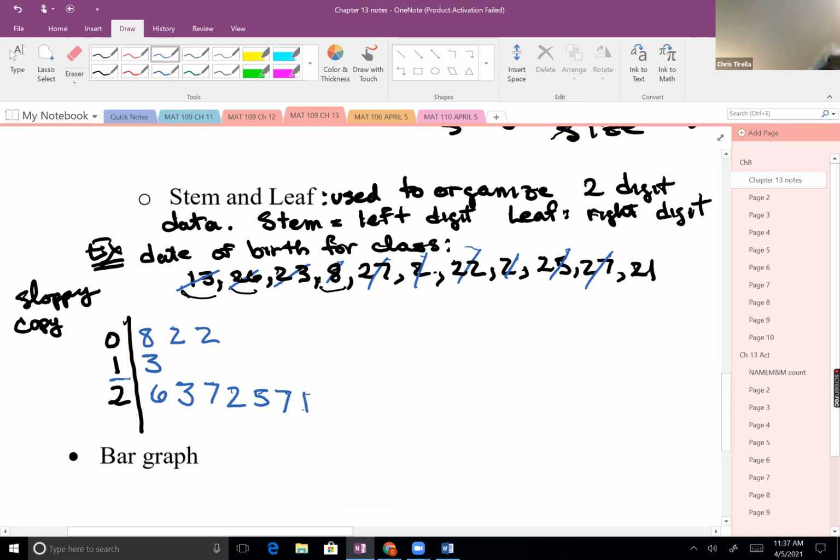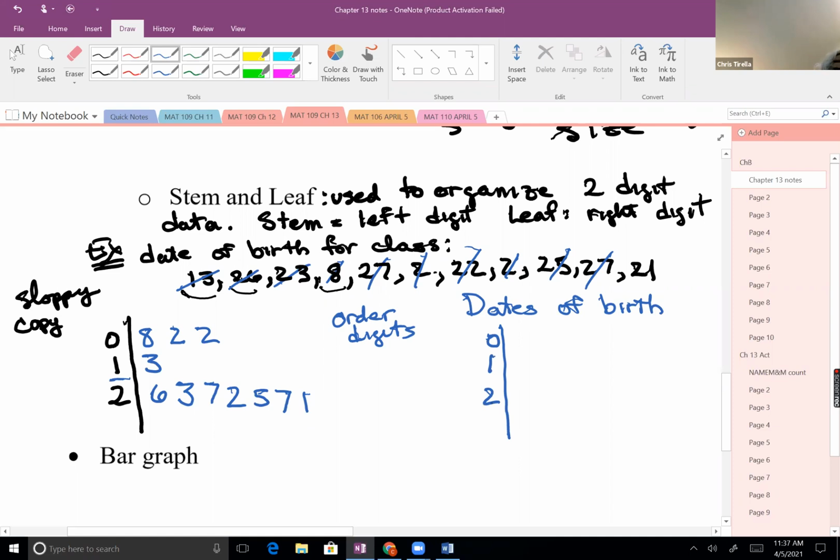Now for my good copy, I want to order the digits. And I should probably give a title. My title would probably be dates of birth. And then my stems will stay the same because we already put them in order.